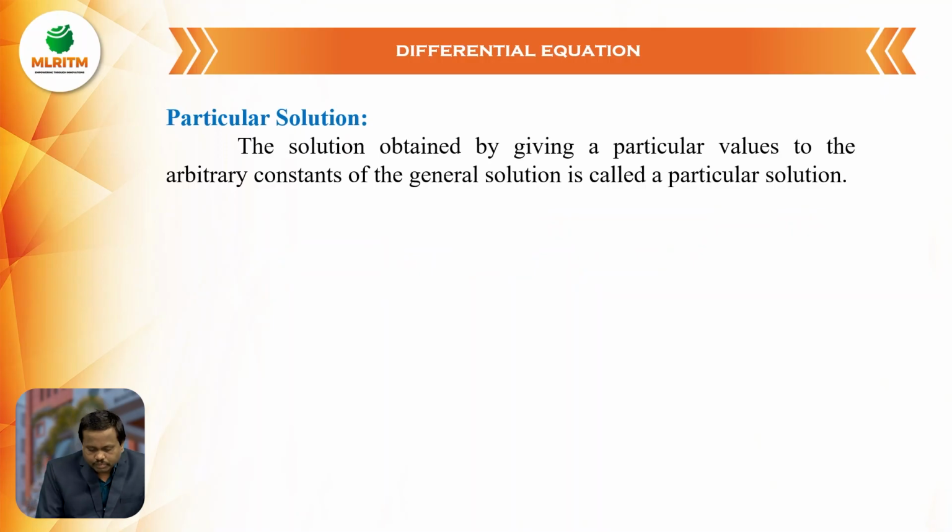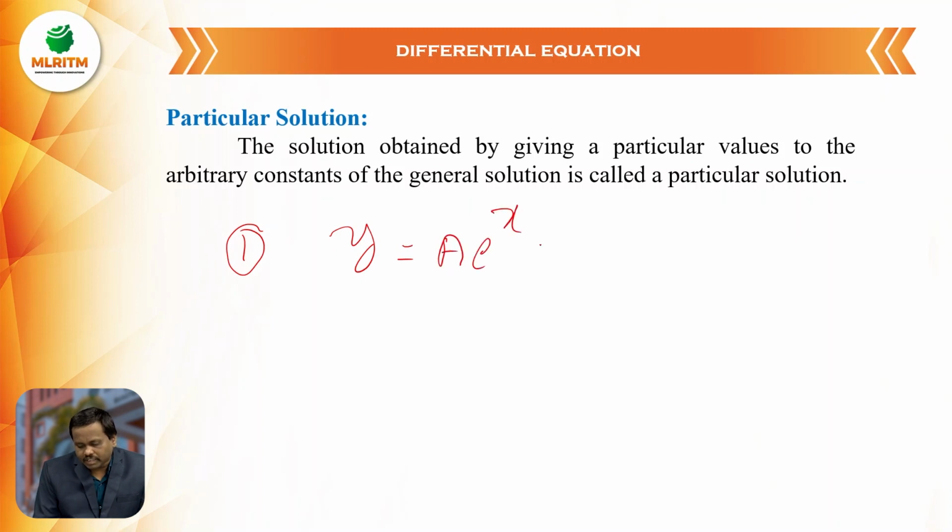Suppose y equal to a e power x plus b e power minus x. This is a general solution because it contains arbitrary constants. So how to get a particular solution?